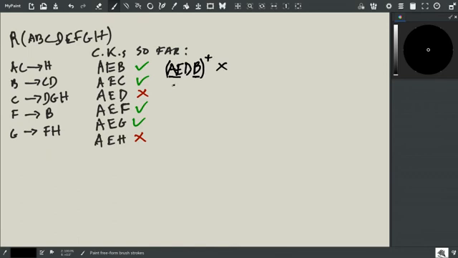So let's try A, E, D with B now with C, and we have the same problem. This key obviously will find the relation because it is a superset of this candidate key. So I won't be using this either. Now A, E, D with F. Well, obviously same problem again.